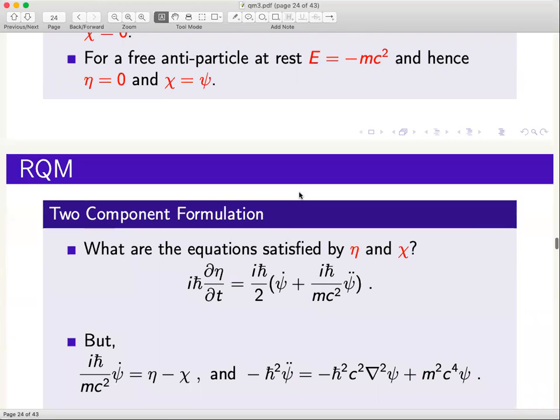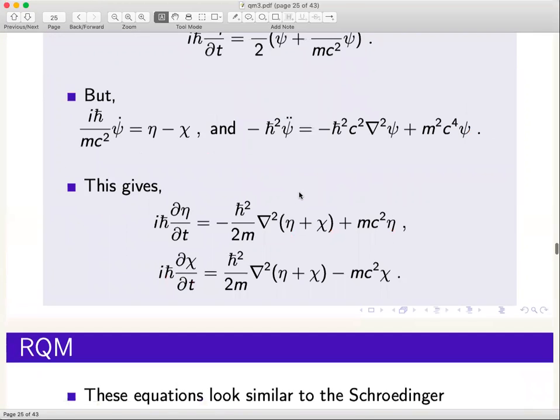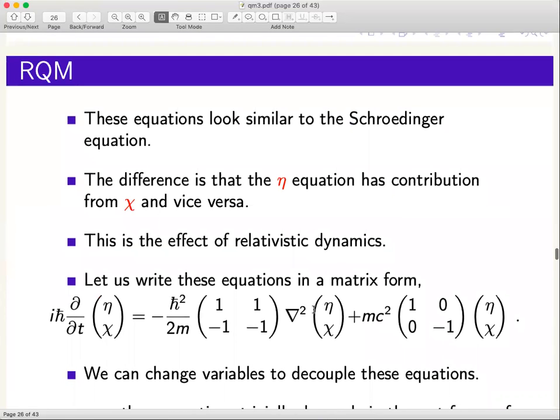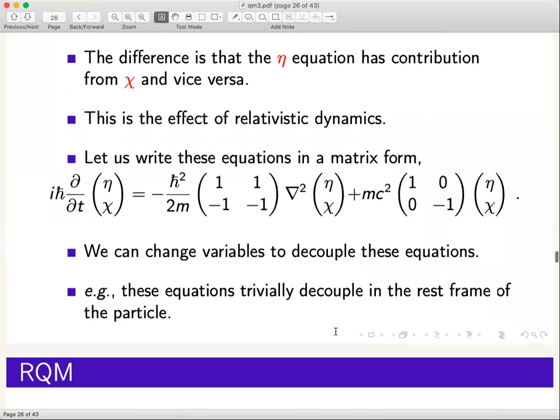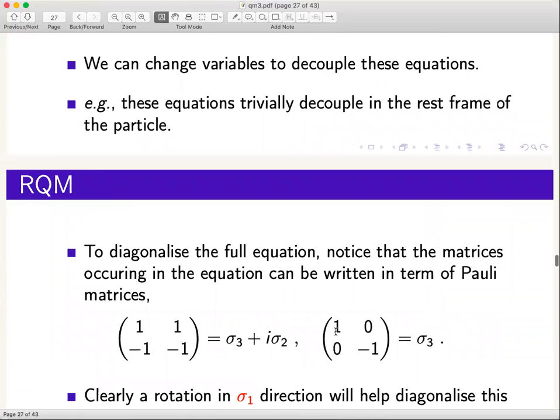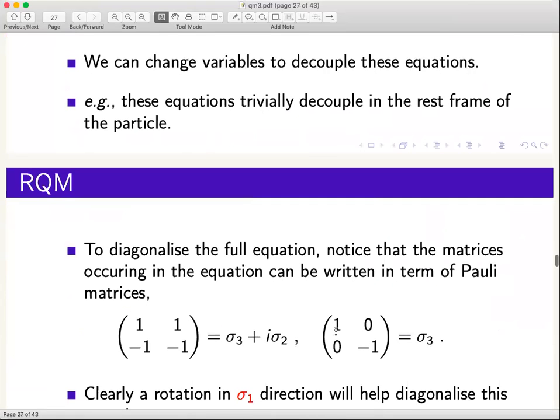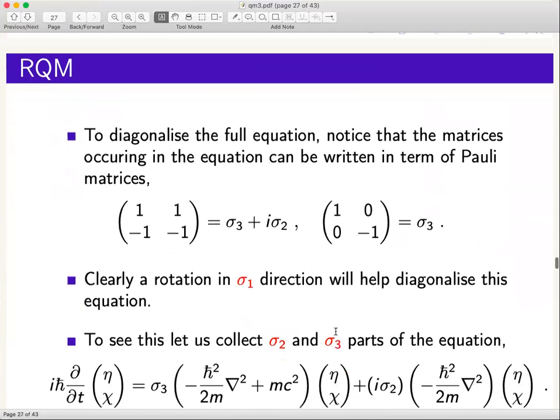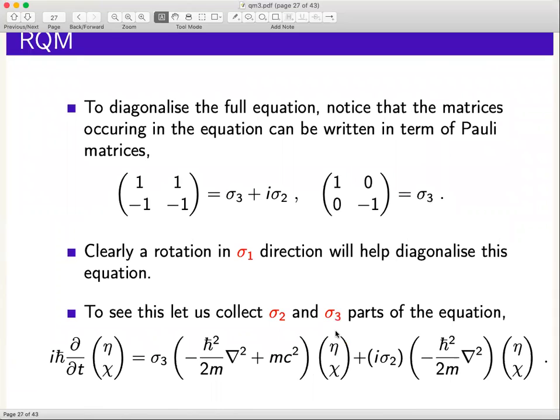It happens simply because of the way the expressions appear here, that you have a sigma 3 and an i sigma 2. It has nothing to do with the fact that chi and eta are not scalars. Yes, but in order to allow for a unitary transformation as a change of basis.